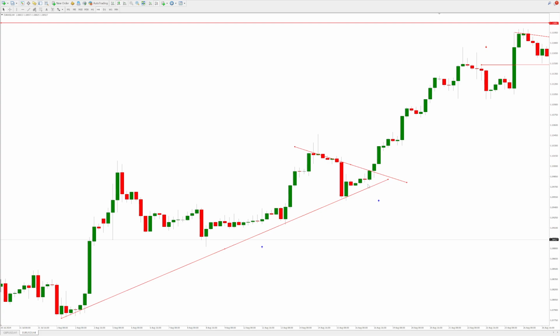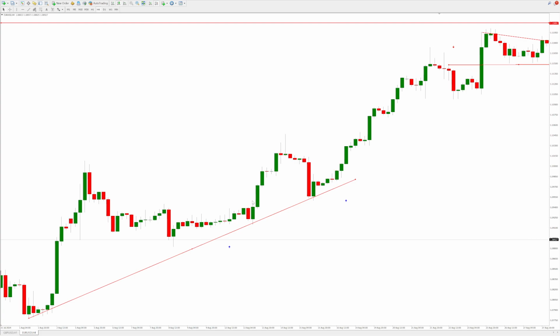Granted, I do understand some traders like the visual appeal of technical indicators, but I don't think it's telling you anything that you can't gauge by looking at the charts for yourself. Also, if you do want to use indicators, you can just use a moving average. If we put a simple moving average on the chart, that's telling you that price is trending upwards.